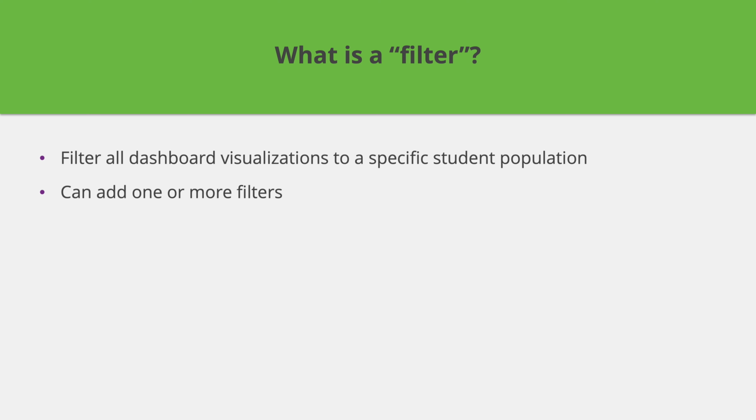Now, let's discuss another important feature of the PDP dashboards, which is the filter. Filters allow you to increase your understanding of the student experience for a specific student population. You can also add multiple filters to more precisely define the student population, like high academically performing first-generation students.